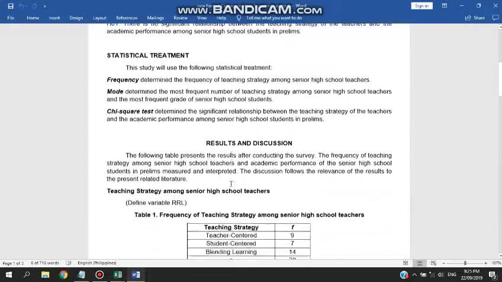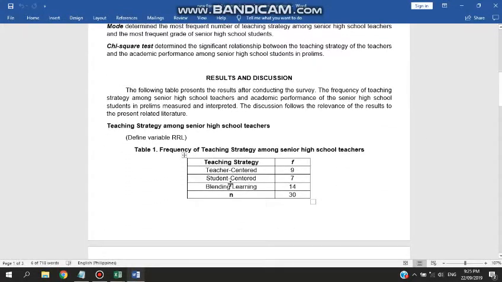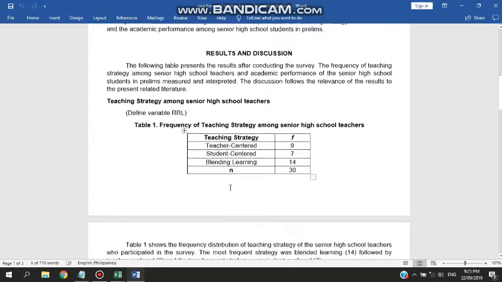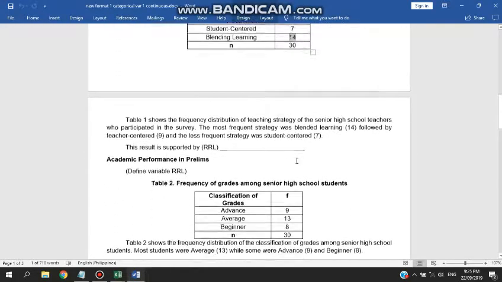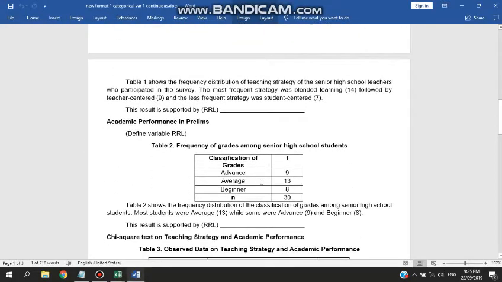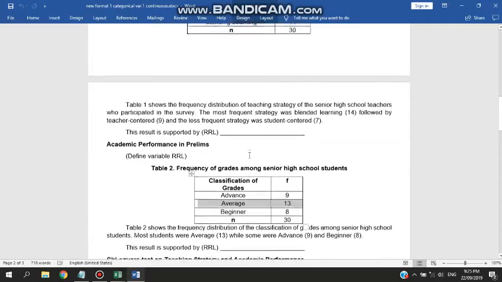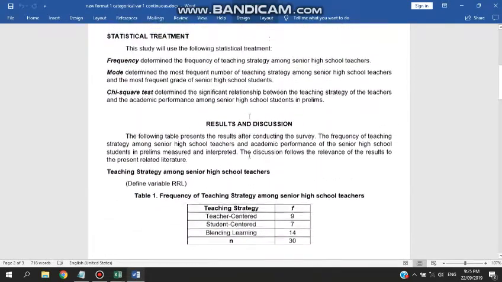So, same way you did with the categorical data, you have the teaching strategy. The most frequent strategy used is blended learning. And for the grades, the most frequent classification of grades is average. So, means average yung grade mostly ng mga estudyante.